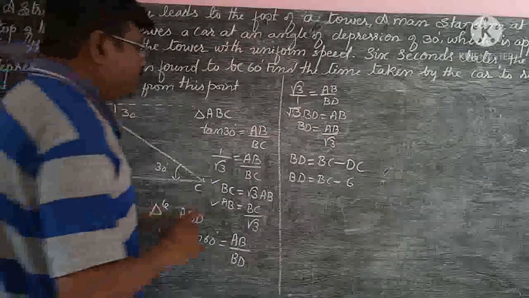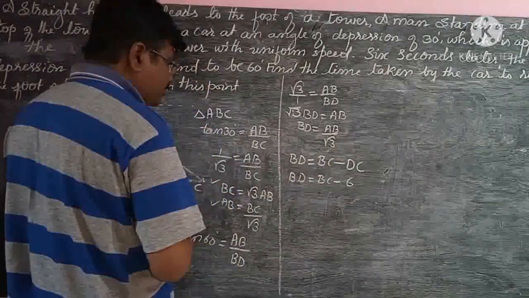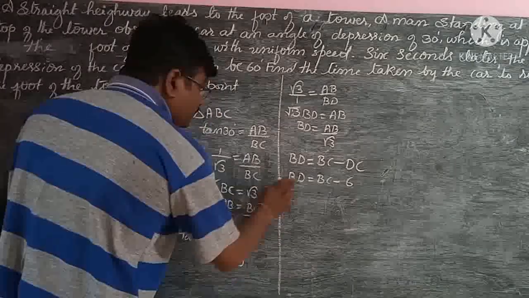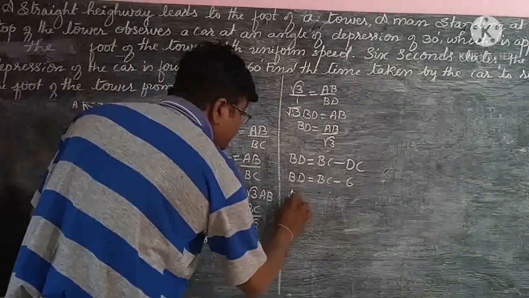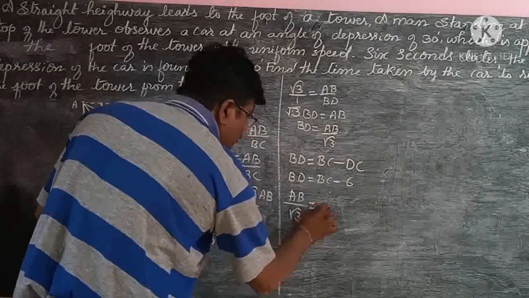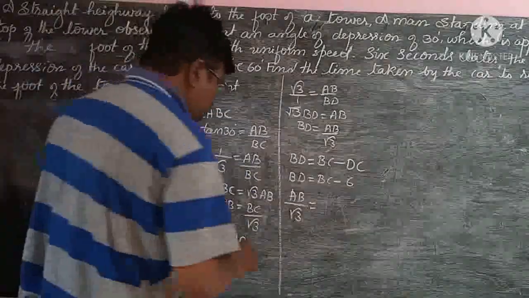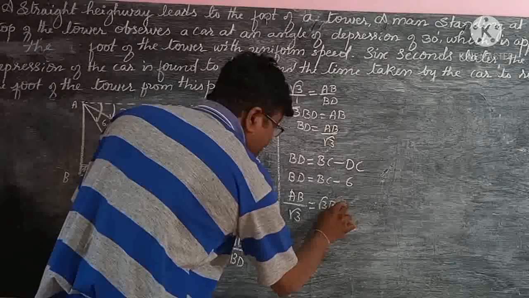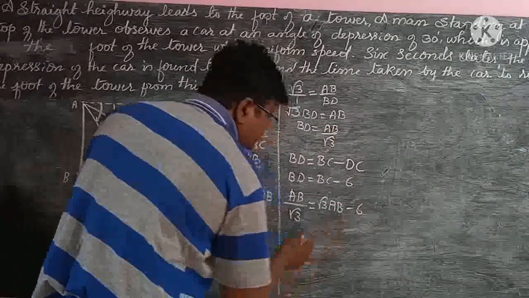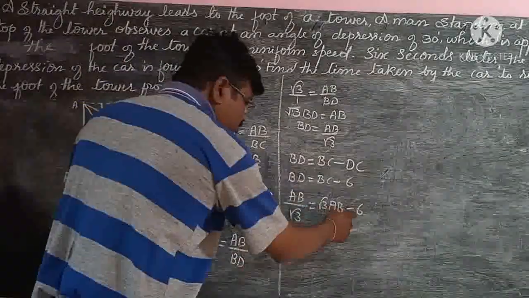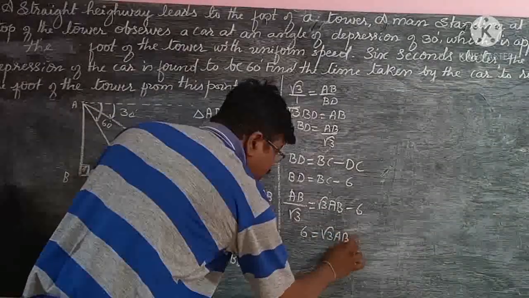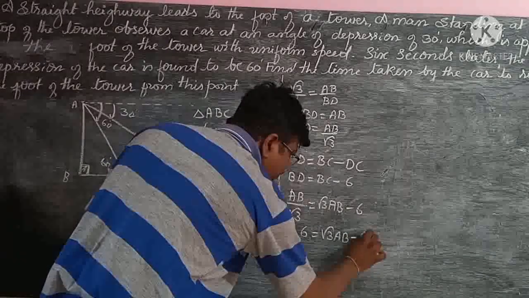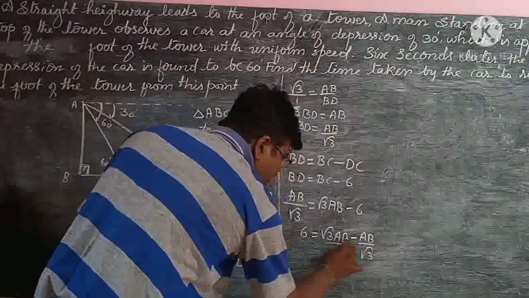Call this equation number 1. For BD we write AB divided by root 3. BC value is root 3 AB minus 6. Transposing, the 6 stays plus, and minus AB divided by root 3 moves across.